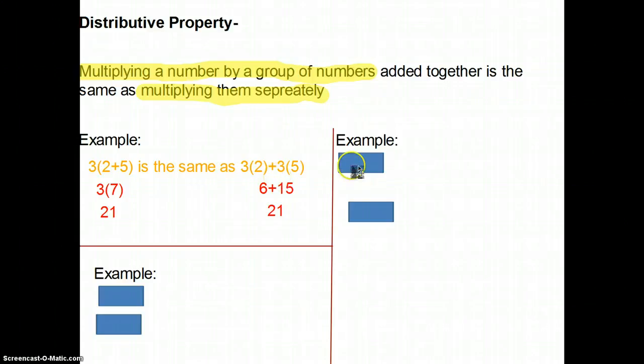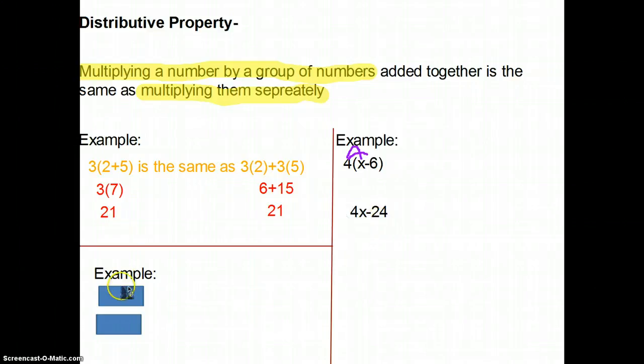Example 2. 4 times x minus 6. If we use the distributive property, we get 4x minus 24.